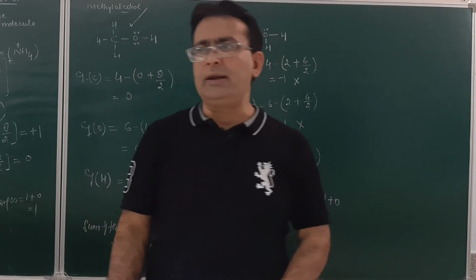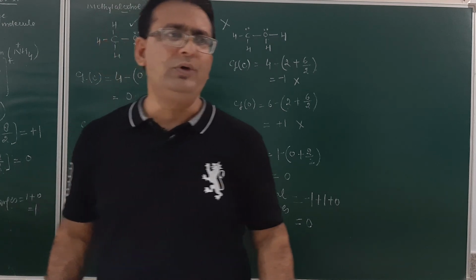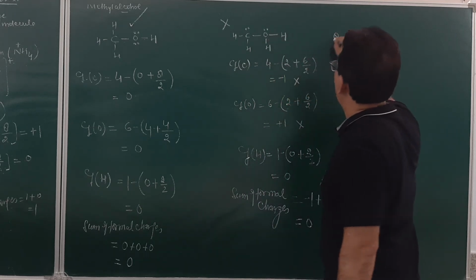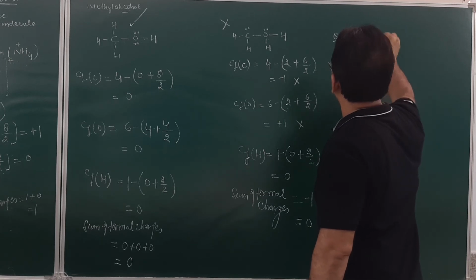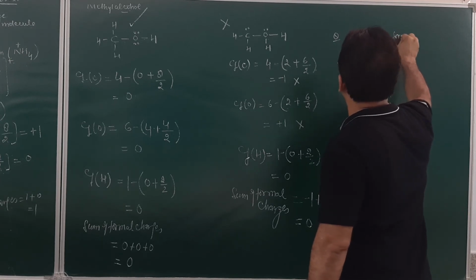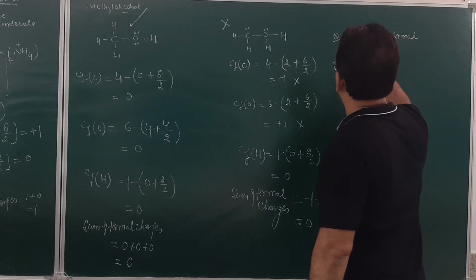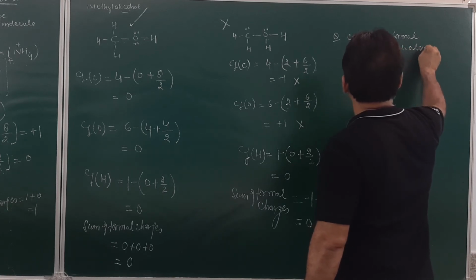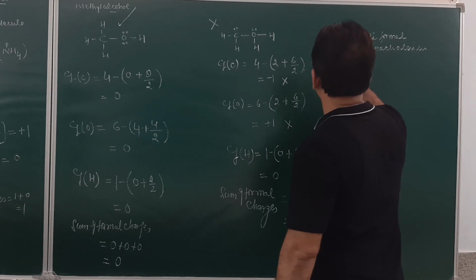Now I am giving you one question which you must do or try to do. Write the Lewis dot structure of hydroxyline. Write or calculate the formal charges of each atom in, first one is hydroxyline.